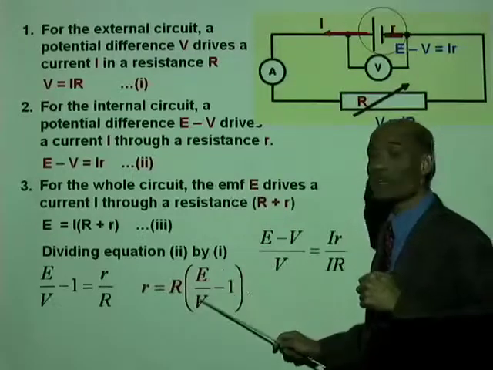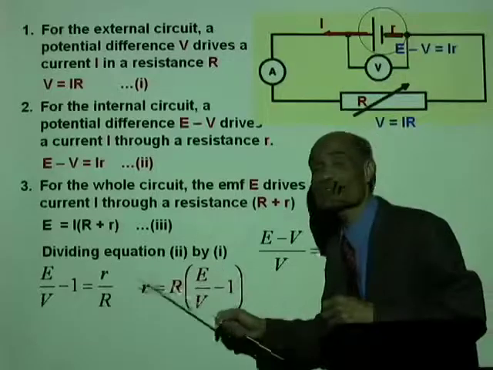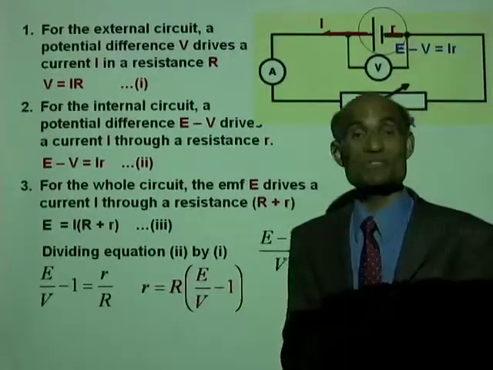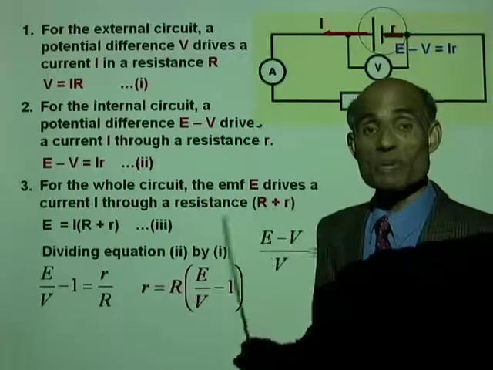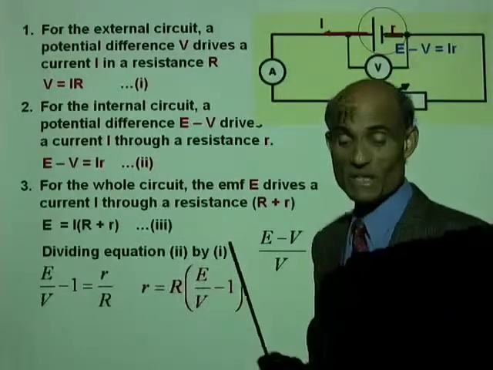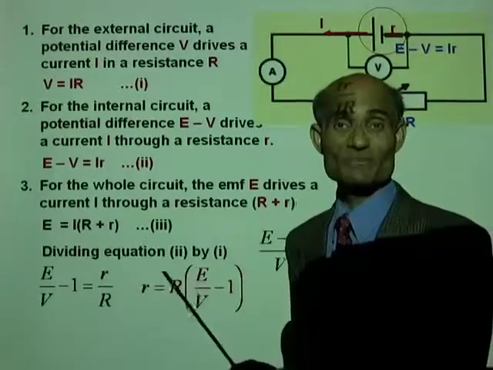That is your V. Measure V, and you can use those values to calculate the internal resistance of the cell. In fact, if you come to do a lab here, we will be measuring the internal resistance of a cell in the lab using this formula.